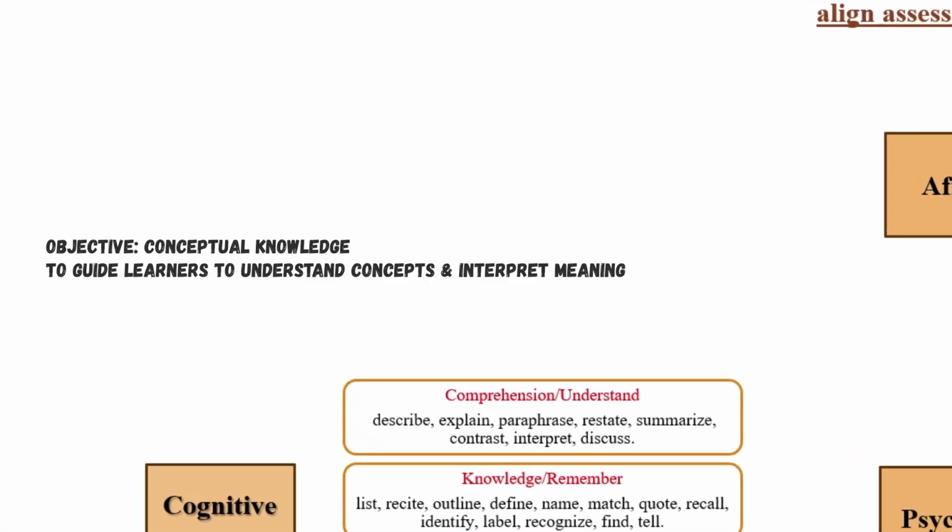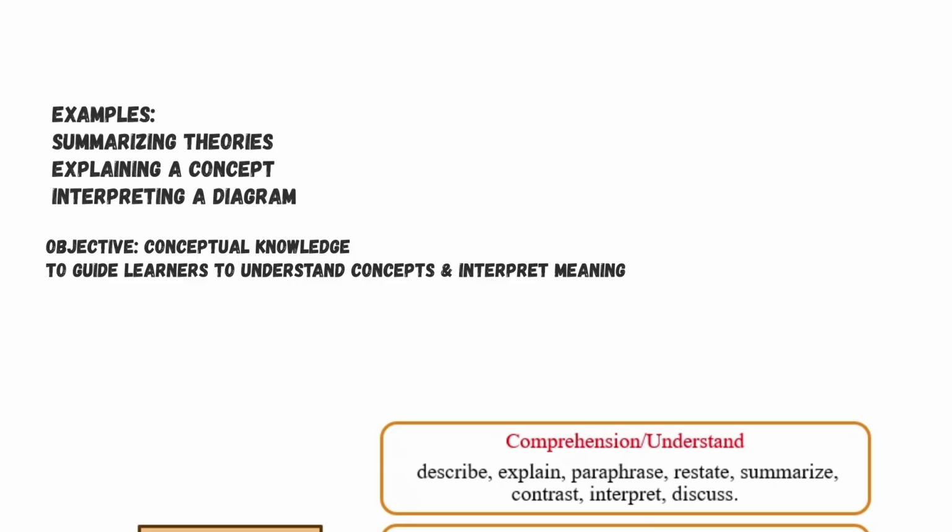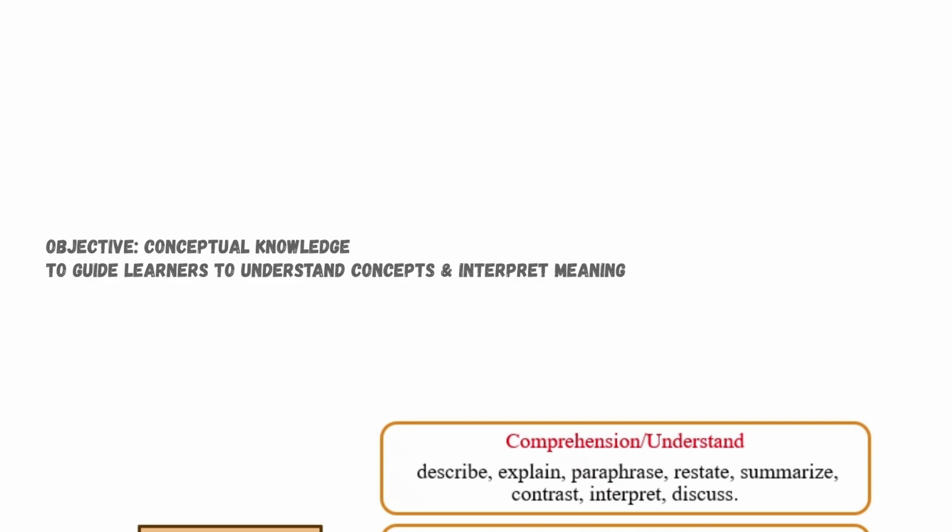Evaluation can be done at this stage using terms describe, explain, paraphrase, restate, summarize, contrast, interpret, discuss, and on and on. For example, summarizing theories, explaining a concept, interpreting a diagram, etc.